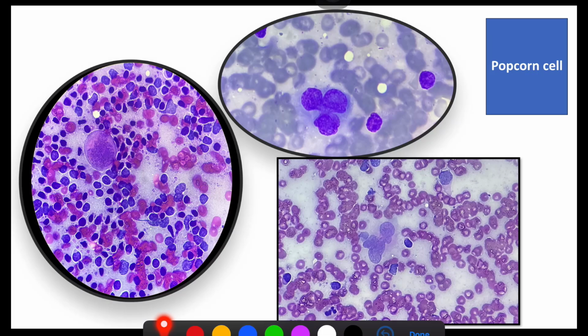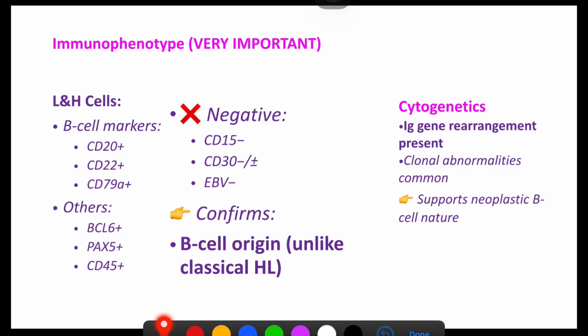This is again a smear of this type of Hodgkin's lymphoma, where this is the popcorn cell pattern with predominantly lymphocytes. So this is the classic popcorn cell in Hodgkin's LPHL. This is again a very good popcorn cell appearance of this neoplastic cell.